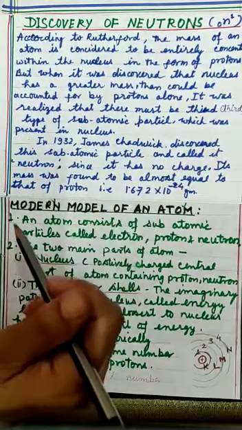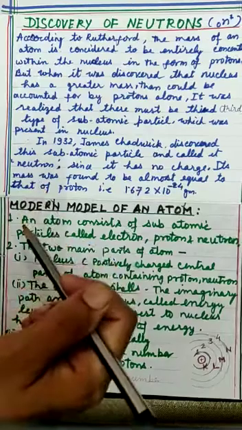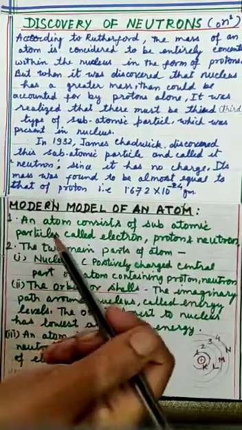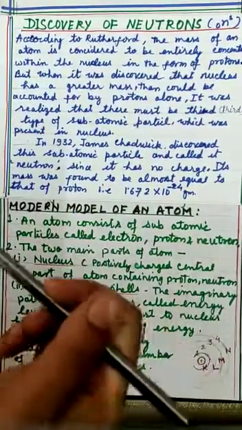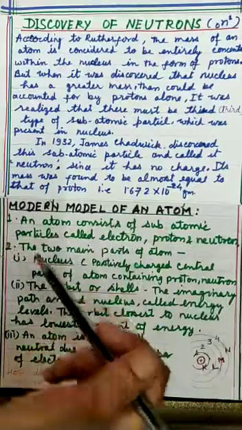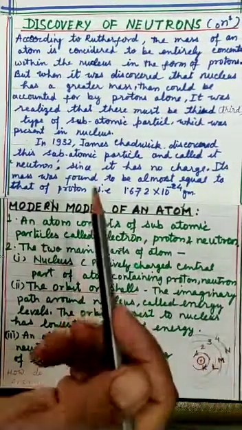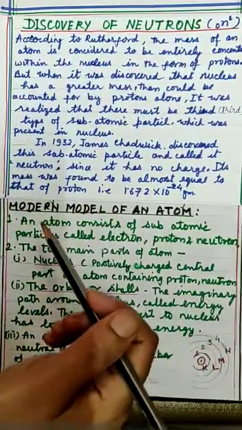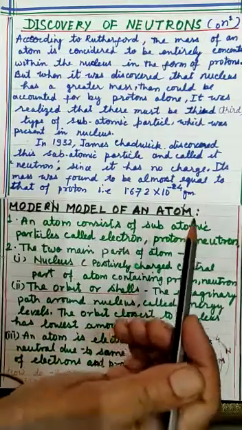After the discovery of the neutron, and in the light of the atomic model of Rutherford, then the corrections done by Niels Bohr, several scientists added from time to time to the knowledge of the atom, and therefore now we have a clear model for an atom which is known as the modern model of an atom.